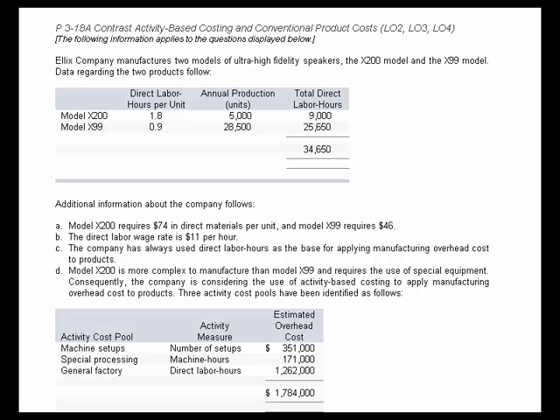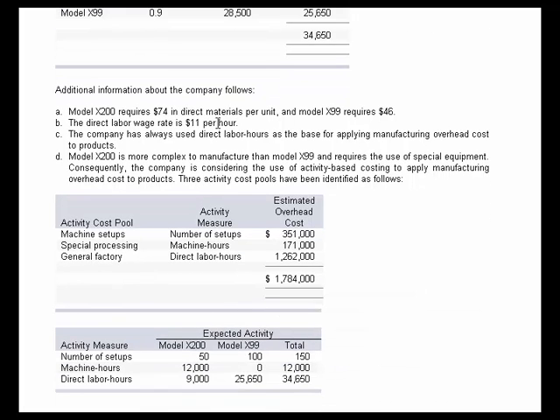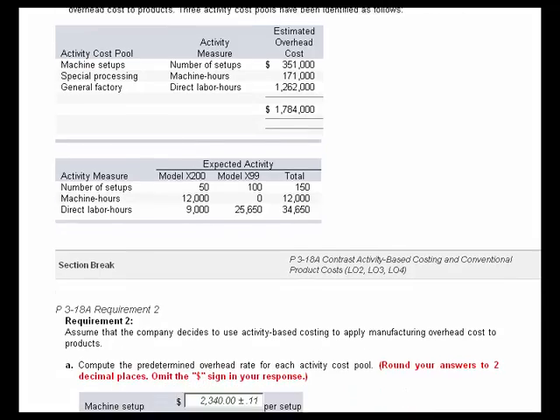And reading through the information now, $74 in direct materials per unit. Model X99 requires $46. The direct labor hour is $11. It's the same problem, just different numbers here. And we've got the same comments, but now I'm going to use $1,784,000 as the estimated overhead cost, and the machine hours here.